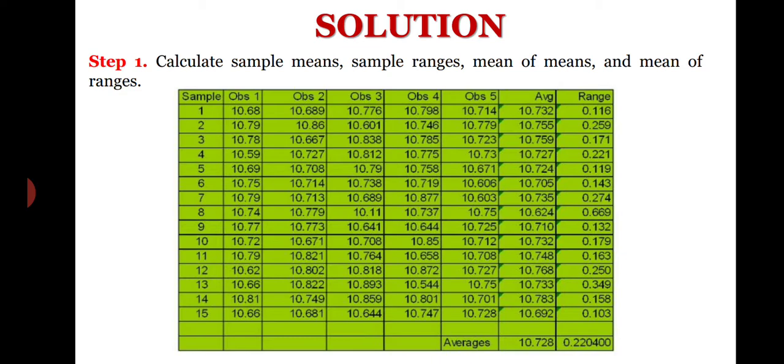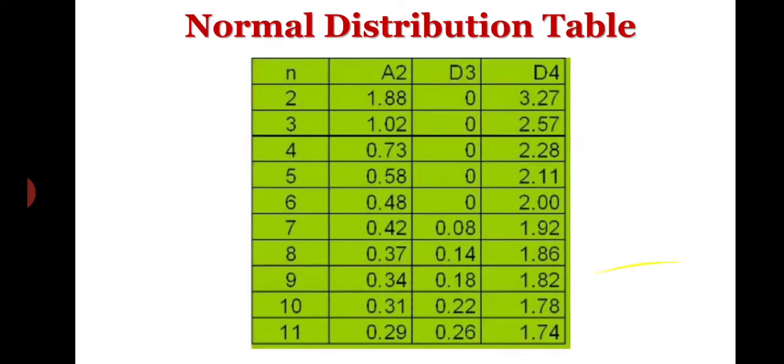So now that I have my X double bar and R bar, from the normal distribution table, for the X bar chart I need to get the value for A2. For the R chart I need the values of D3 and D4.